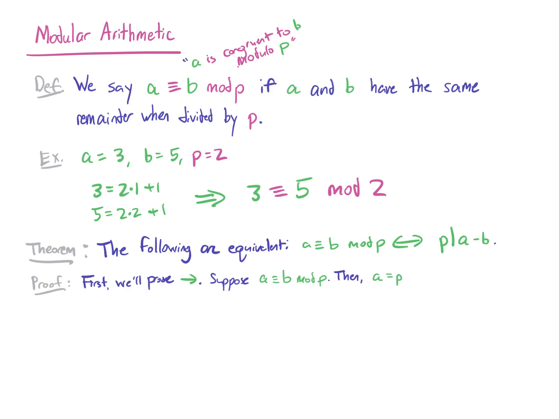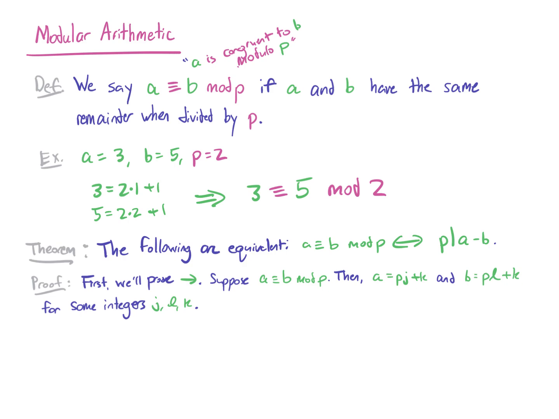I'm going to say, okay, A is equal to P times J plus K, and B is equal to P times L plus K for some integers. I don't know what they are, but I know they must exist. J, L, and K. And the important thing to note here is that it's the same K that's the remainder of A and the remainder of B.